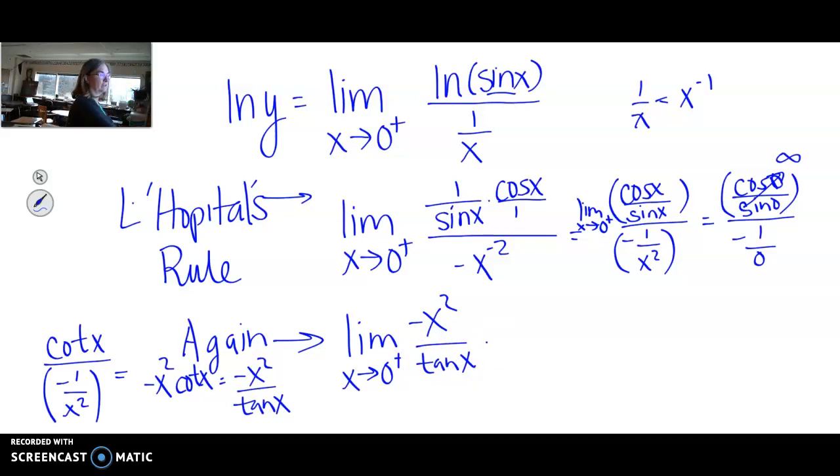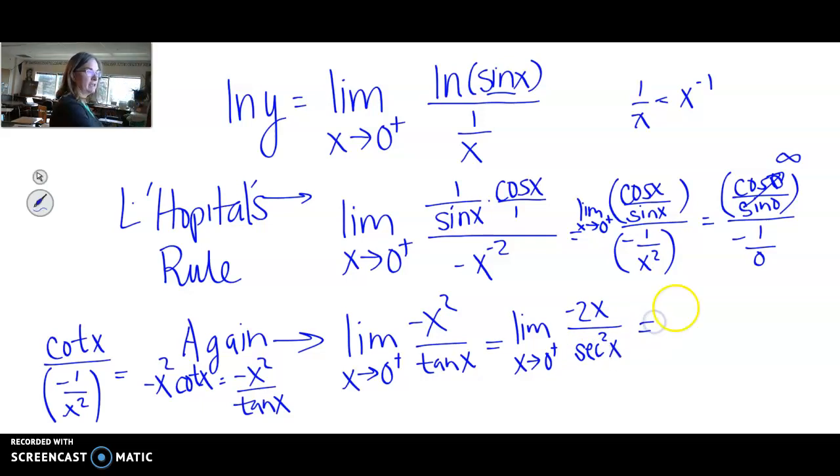I need to take the derivative of the top and the derivative of the bottom. The derivative of the top is negative 2x, and of the bottom is secant squared x. Putting in the 0 right now, I'm going to get negative 2 times 0, which is 0 in the numerator.